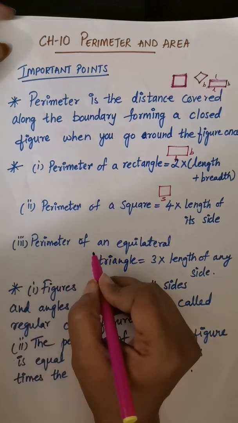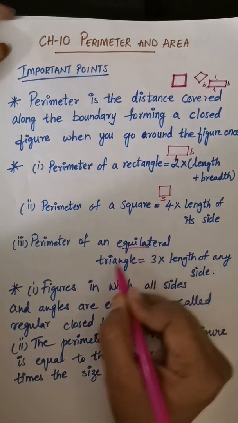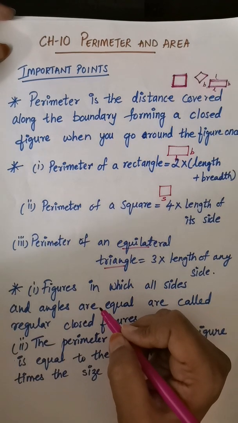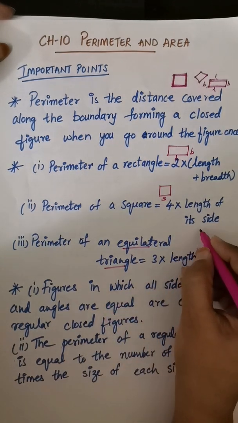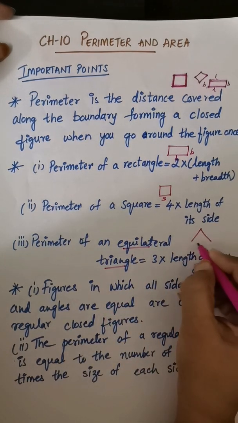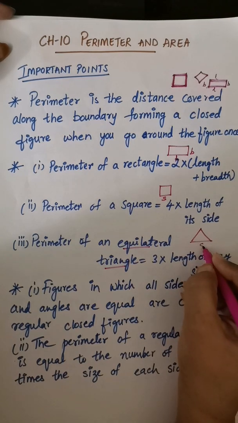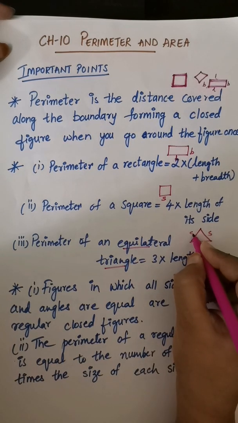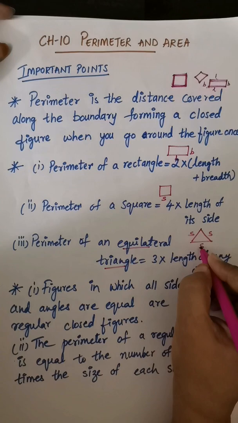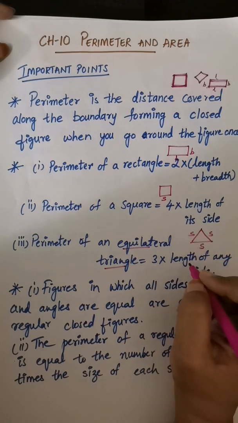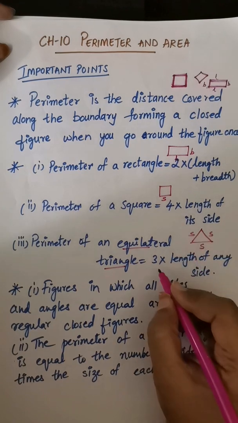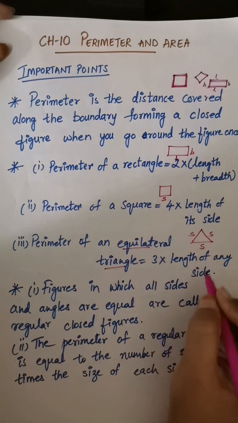Now what about the perimeter of an equilateral triangle? What do we mean by an equilateral triangle? A triangle having all sides equal is called an equilateral triangle. If this side is 3, the other 2 are also 3. So if all the sides are equal, we can say 3 into the length of any side.